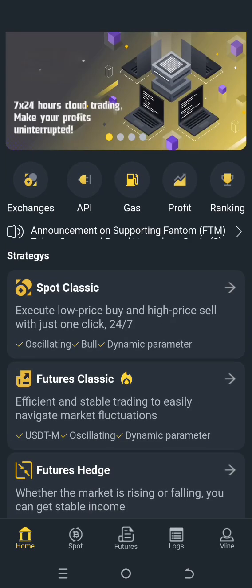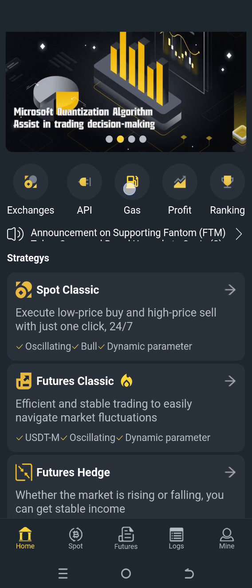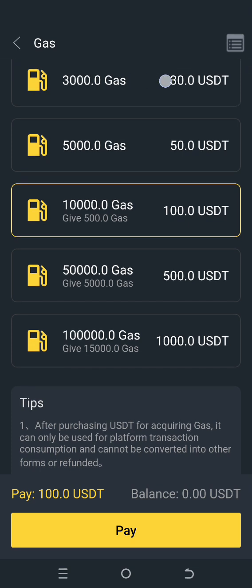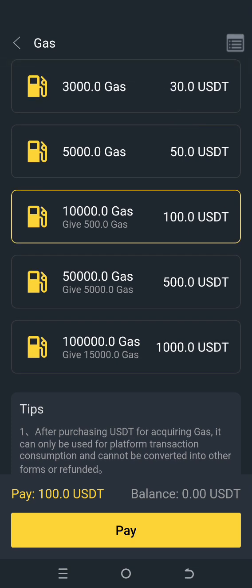Now when you go to the next page here, which is the gas page, the gas page is where you can buy the gas from. We have the first one, which needs you to deposit $30 for you to get 3,000 gas. How Apollo does with gas fee is quite different, whereby you deposit $30 and they give you real gas. You're not going to use the exact US dollars you've deposited, but you're going to use the gas.